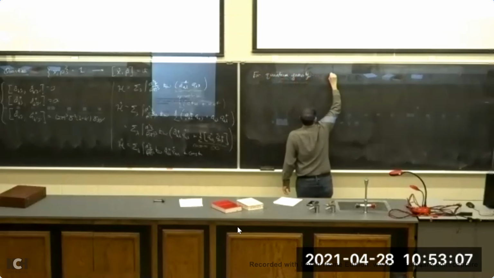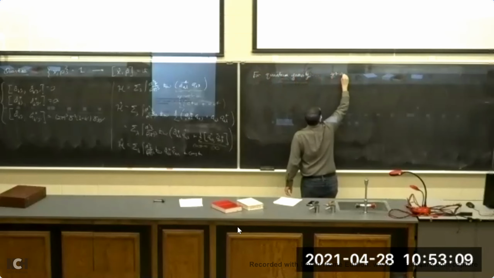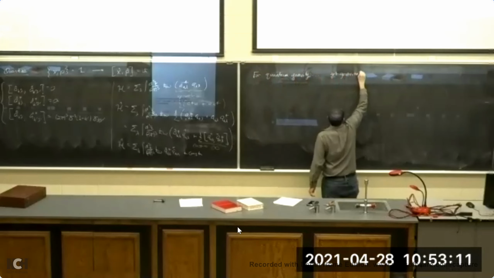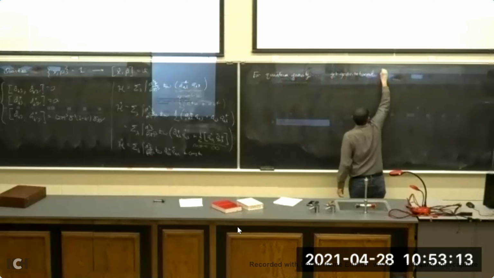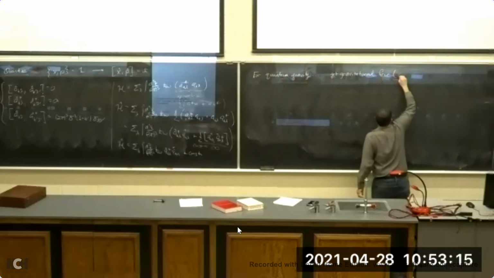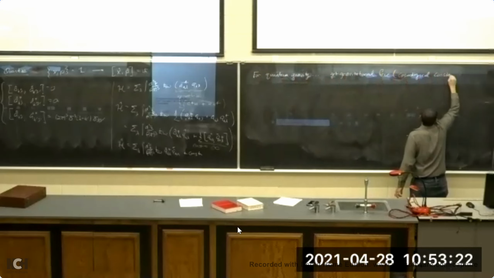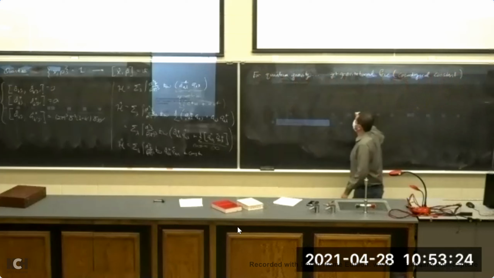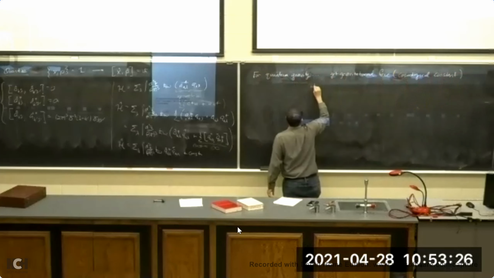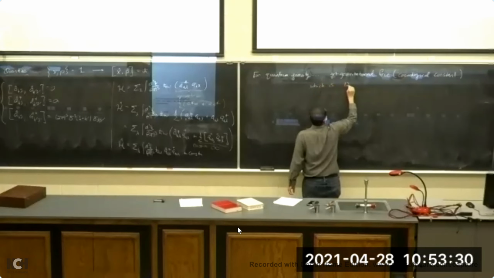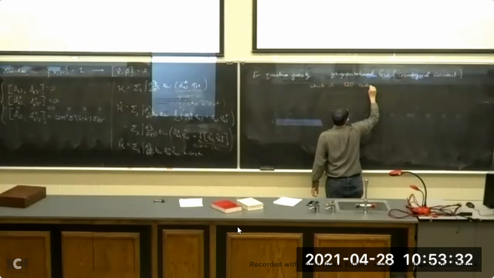For quantum gravity, you get a gravitational force, i.e. the cosmological constant, which is 120 orders of magnitude too large.